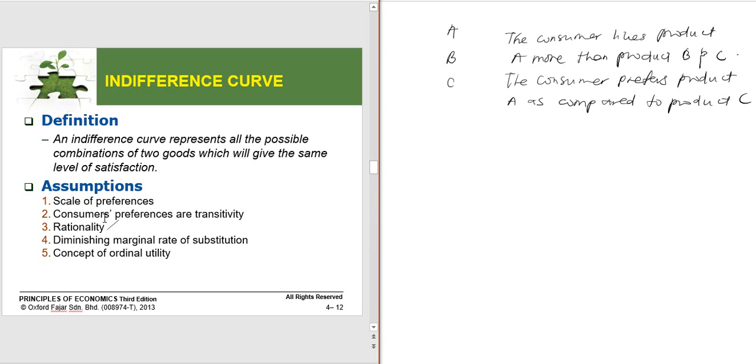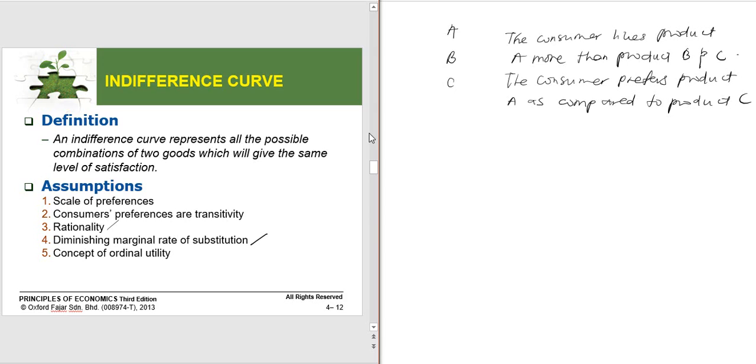Okay, and then the fourth assumption is there is a diminishing marginal rate of substitution. Later on, I'm going to explain what we mean by marginal rate of substitution. For now, what you need to understand is as you consume more and more of one product, you have to reduce the consumption of the other product. The reason behind it is scarcity.